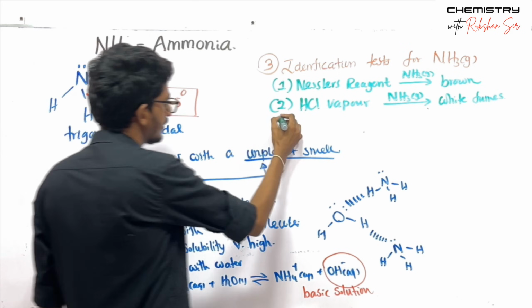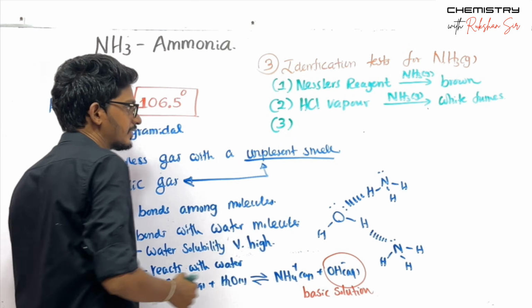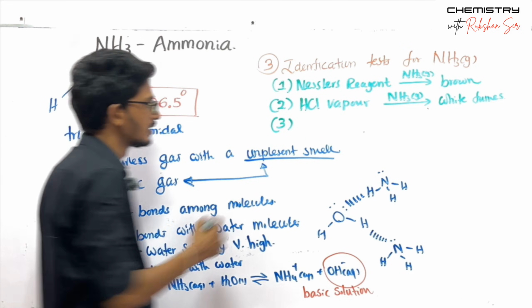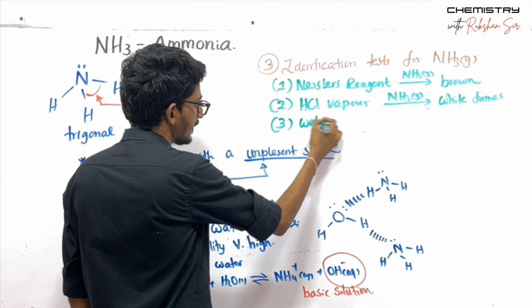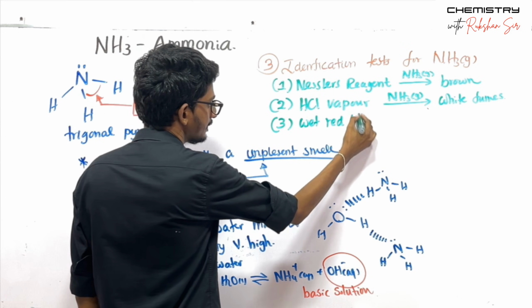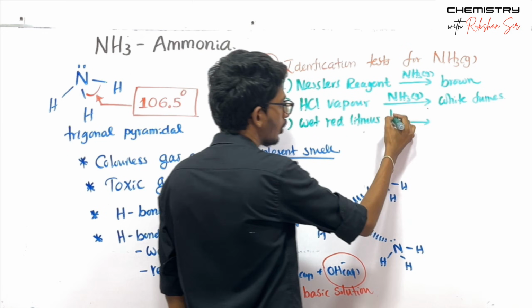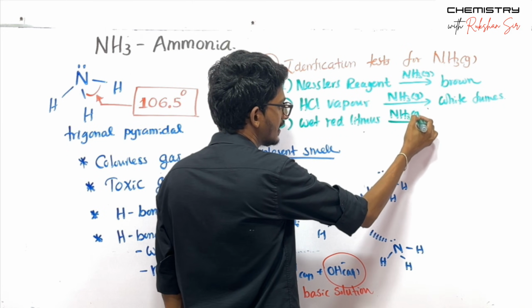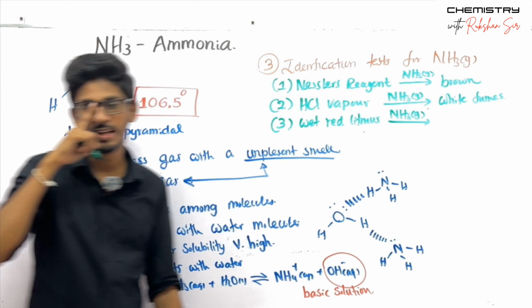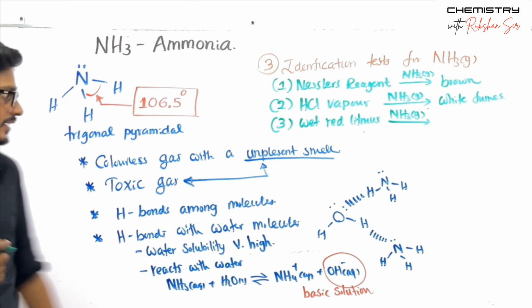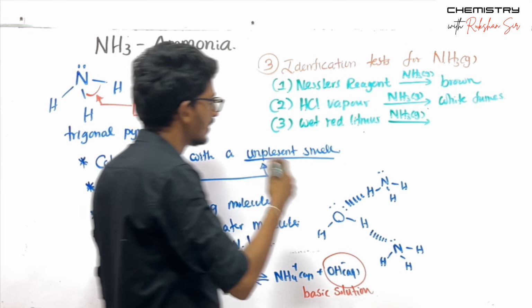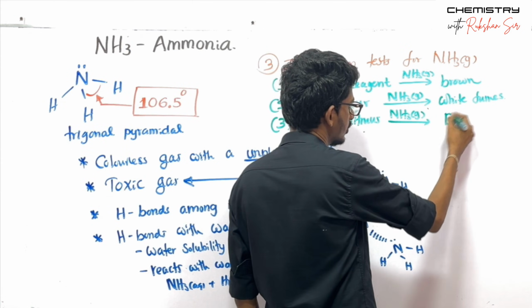The third test for ammonia is the test with litmus papers, wet red litmus. In our syllabus, the only basic gas is ammonia. If you test with a wet red litmus, it will turn blue.